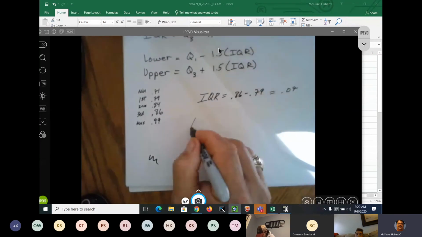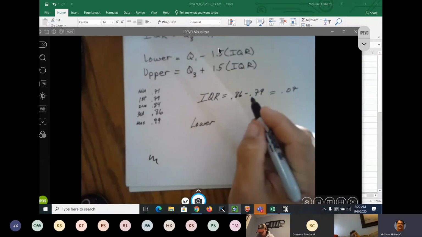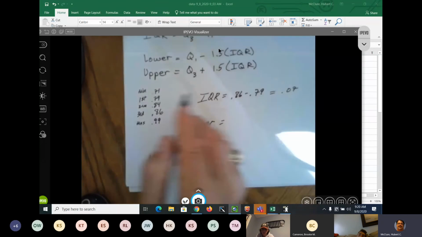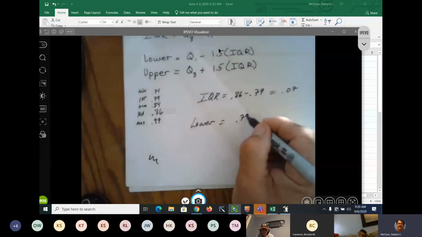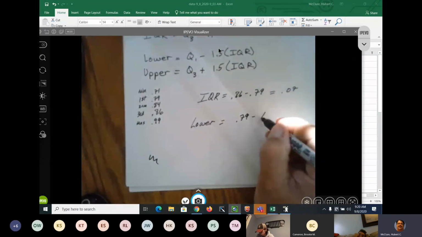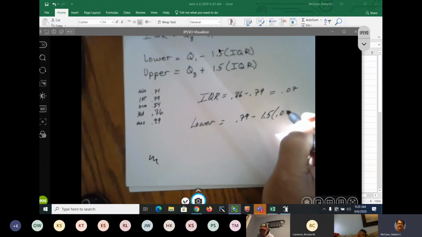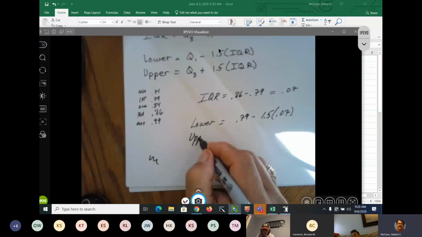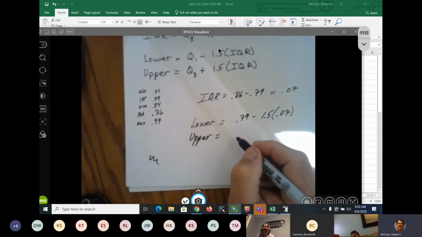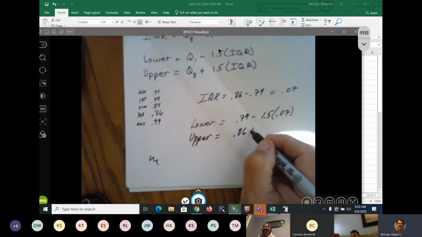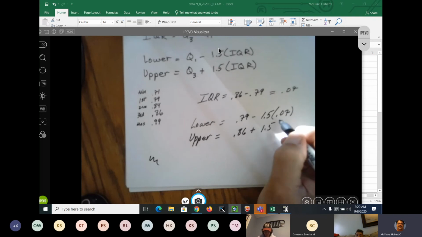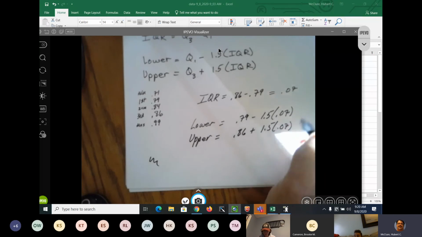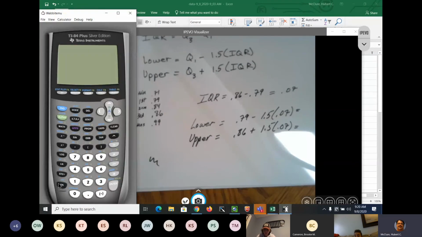Our lower bound is equal to 0.79 minus 1.5 times 0.07. And our upper bound is going to be 0.86 plus 1.5 times 0.07. So let's take our handy dandy calculator out. And let's do the top one.